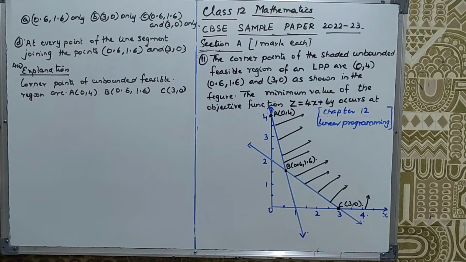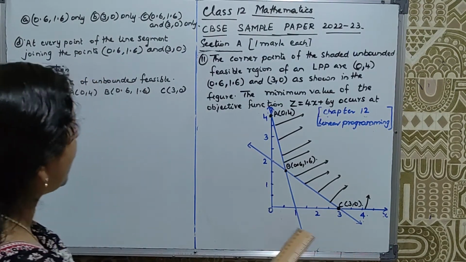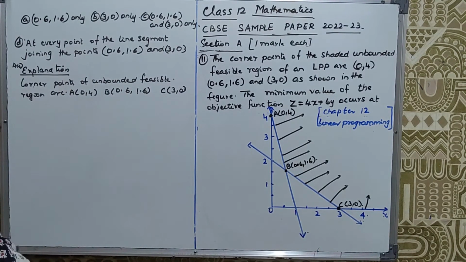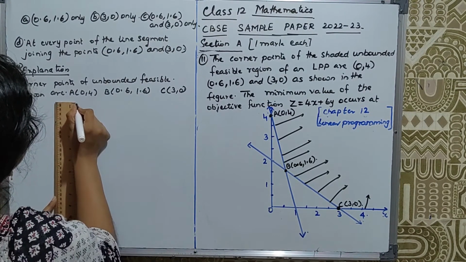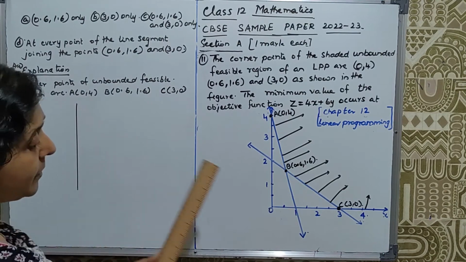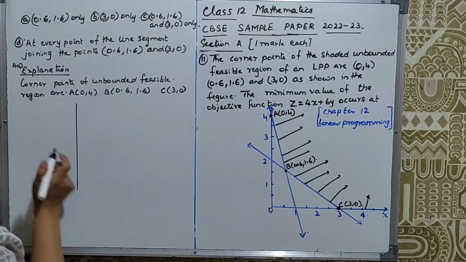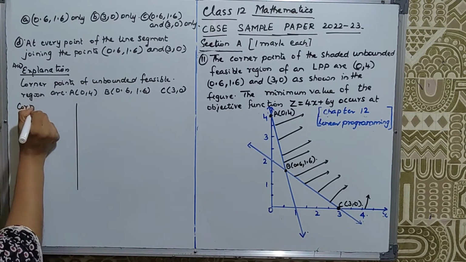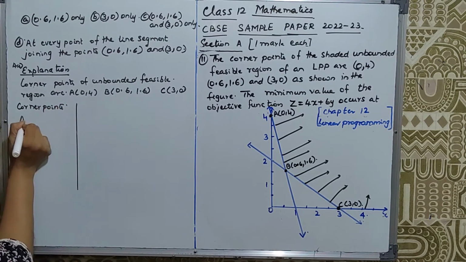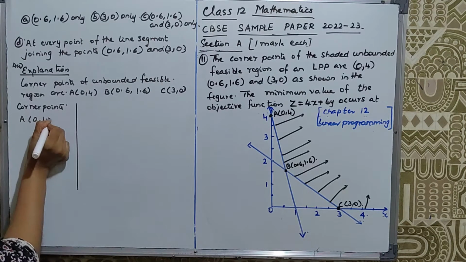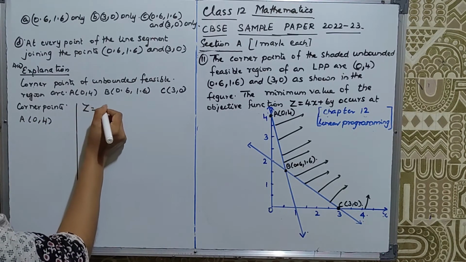We will find the Z value for the corner points. So the corner points are A (0, 4), and we find the Z value corresponding to that one.